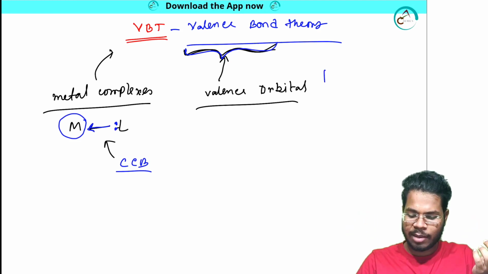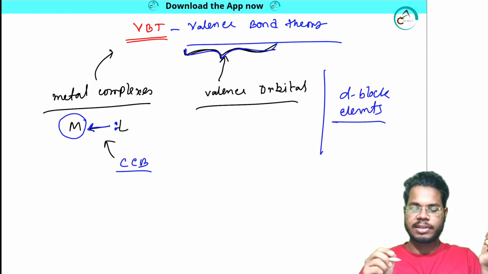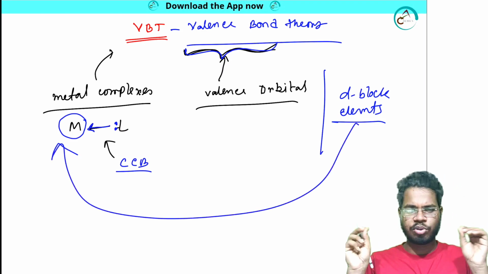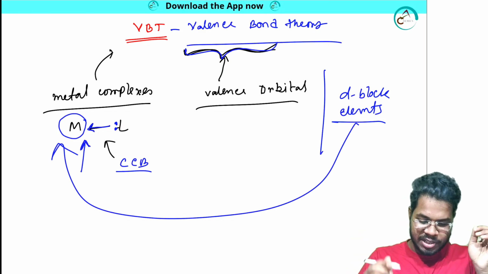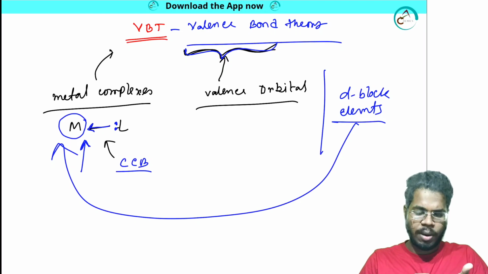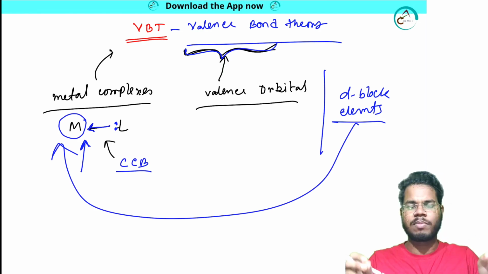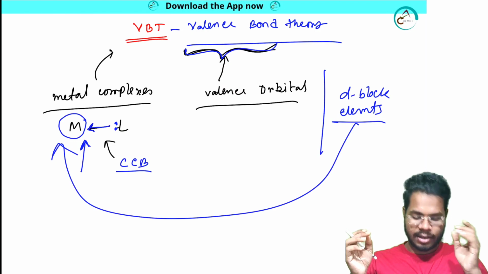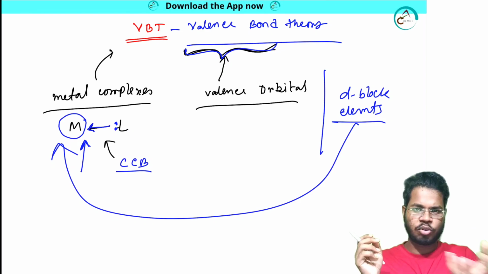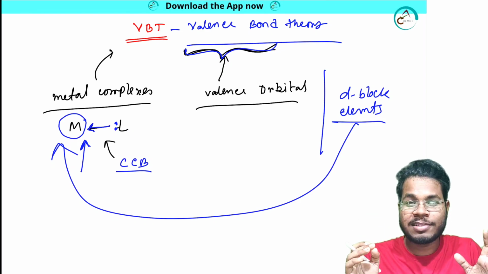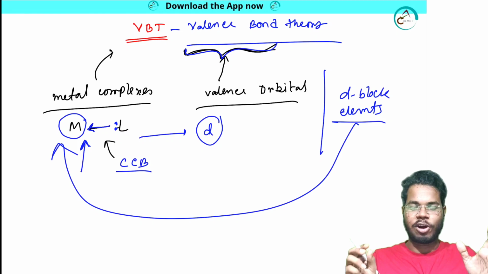We are learning about d block elements, and in d block elements those all are metals, especially iron 2+, cobalt 2+, cobalt 3+, iron 3+, nickel 2+, palladium 2+, platinum 2+, palladium 4+, platinum 4+, etc. A lot of d block elements are there, and as they are d block elements, their valence orbitals are d orbitals.